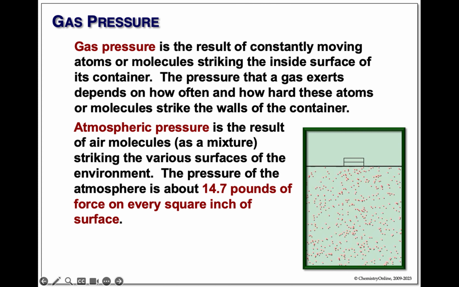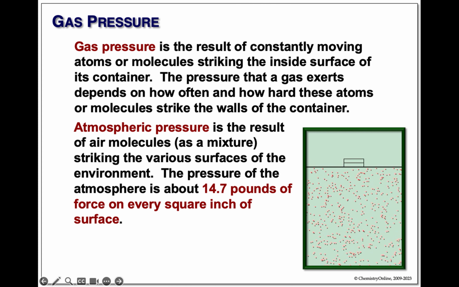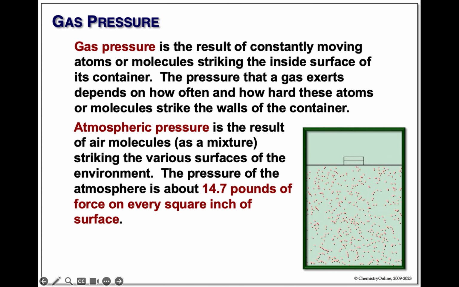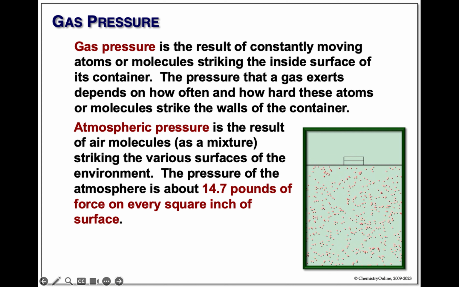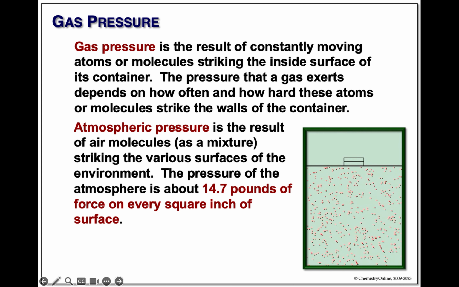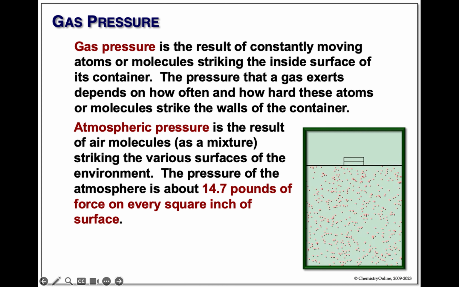They exert a very significant pressure, roughly 15 pounds for every square inch. So square inch like that, right? 15 pounds of pressure. If we didn't have air inside of us pushing out, we would be smashed to bits.